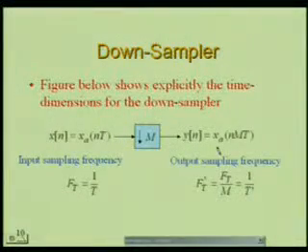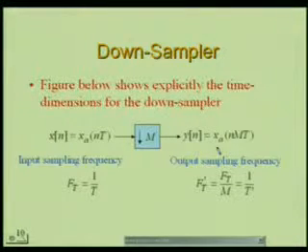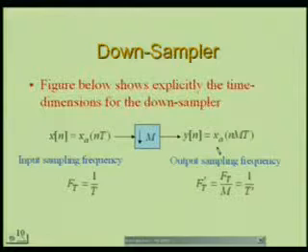This is for the downsampler device. A downsampler is used to reduce the sampling frequency by a factor of M. The figure below shows explicitly the time dimensions for the downsampler. x n is the input sequence.